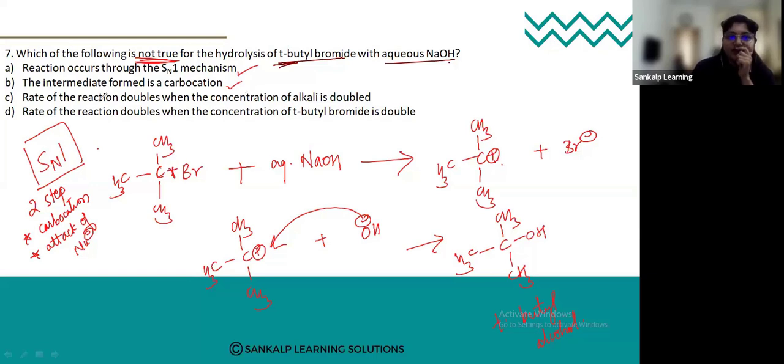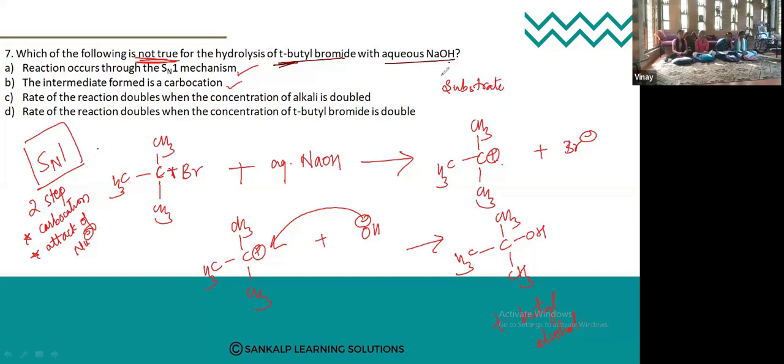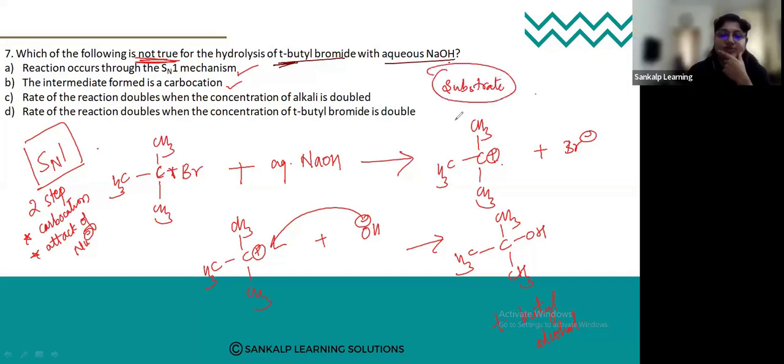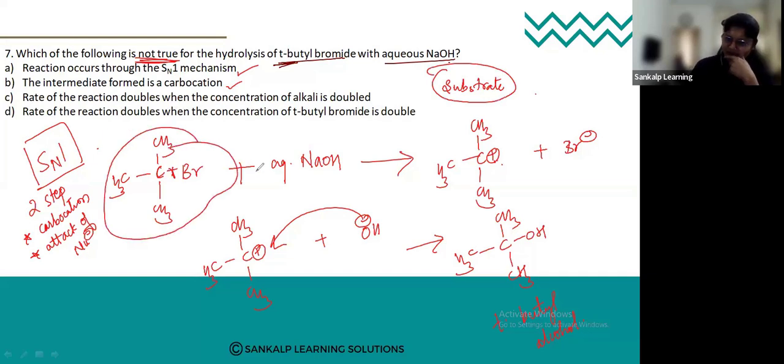Now, the rate of the reaction doubles when the concentration of alkali is doubled. When we discuss the kinetic rate, the rate of the reaction depends only on the concentration of the substrate, and not on the nucleophile.